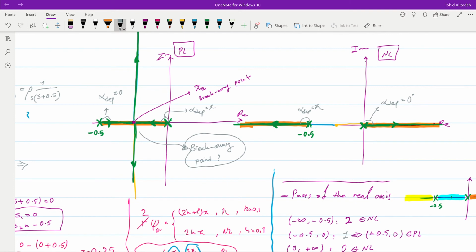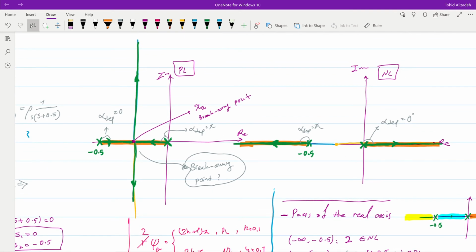But you can find that out quite easily, even though we don't need that value over here, yeah, because we already know that the branch will be on the real axis. So the angles are kind of intuitive to find out. So this is the root locus drawing for the positive locus and negative locus.